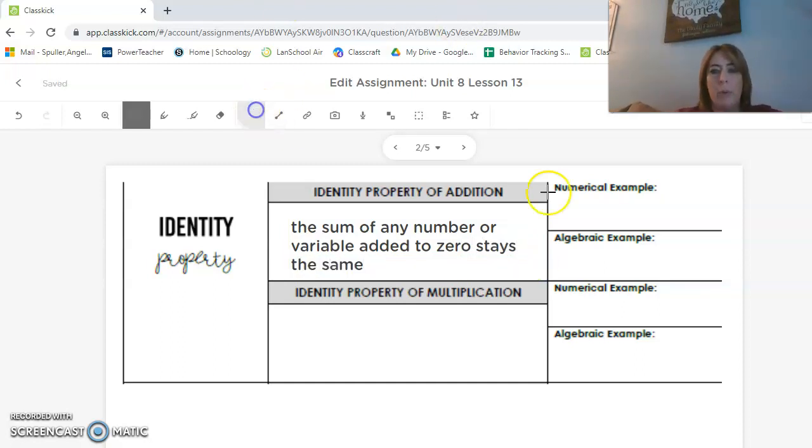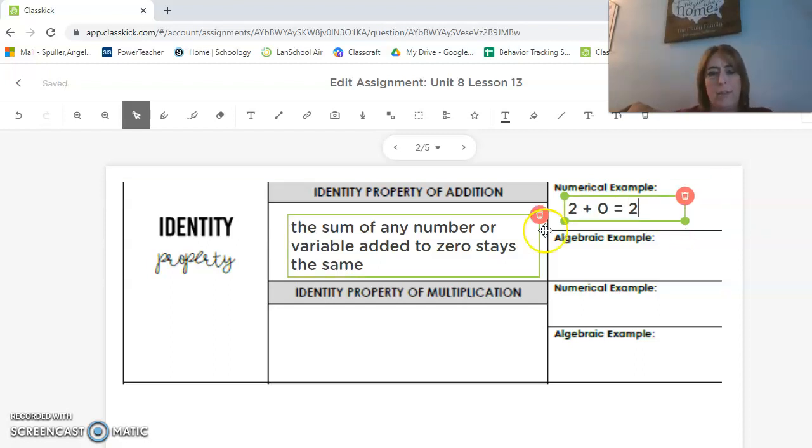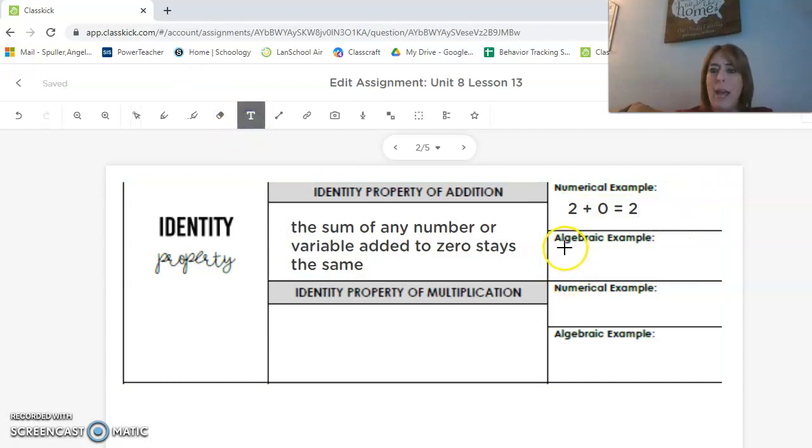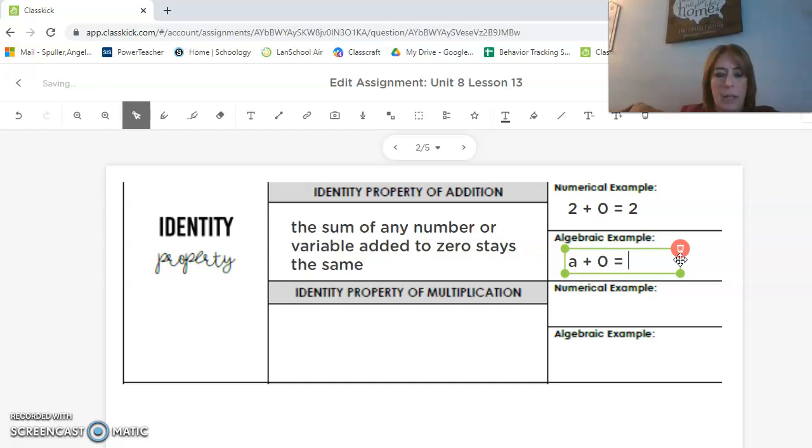So let me show you an example. If I say 2 plus 0, it's going to stay the same. Its identity, its personality, who it is doesn't change. All right, algebraic example, a plus 0 equals a.